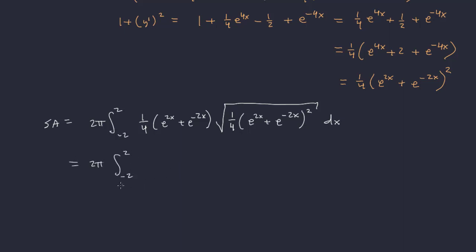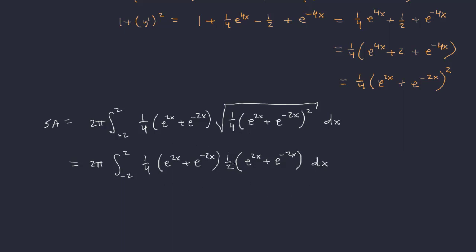I'll get the integral from -2 to 2, 1/4 e^(2x) plus e^(-2x), and then this will cancel and give me a 1/2 times e^(2x) plus e^(-2x) dx.